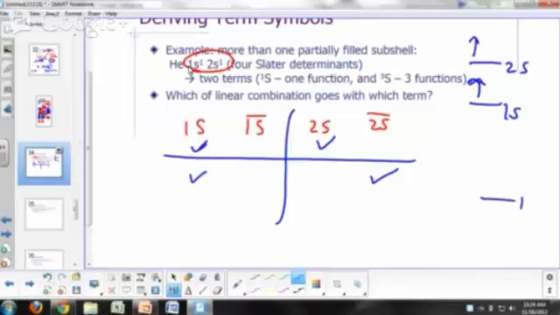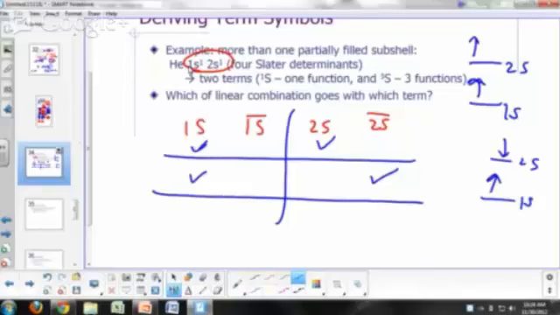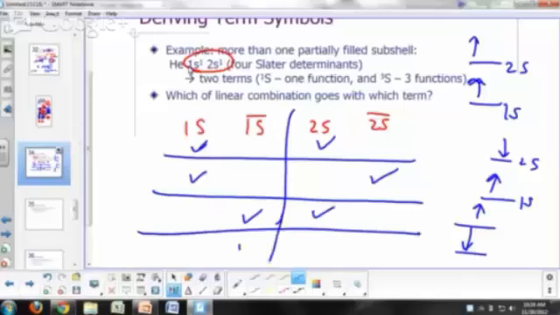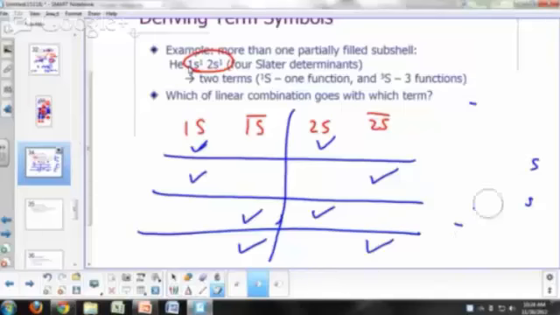What's the other possibility? It can be spin down in the 1s, and spin up in the 2s. And the other possibility is spin down in the 1s, spin down in the 2s. Okay?